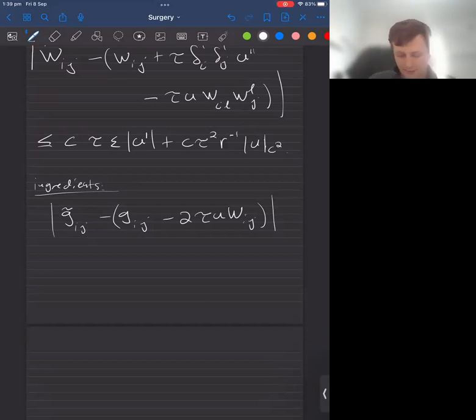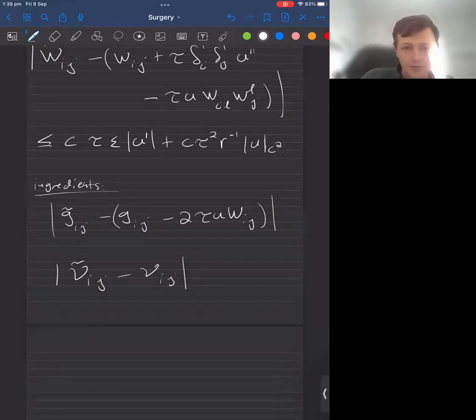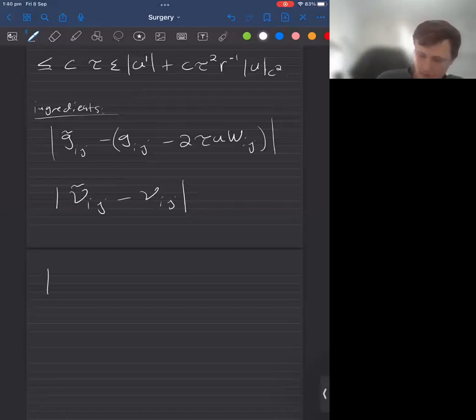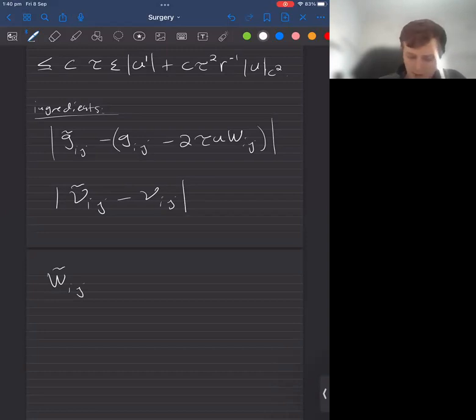And then you essentially want to estimate the normals, how the normals change. And then from there, you estimate the second fundamental form.